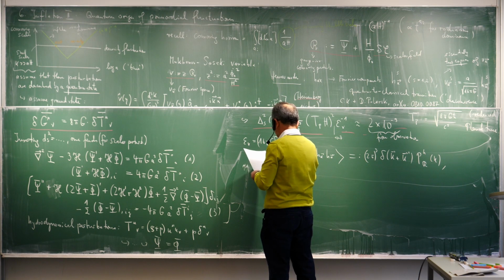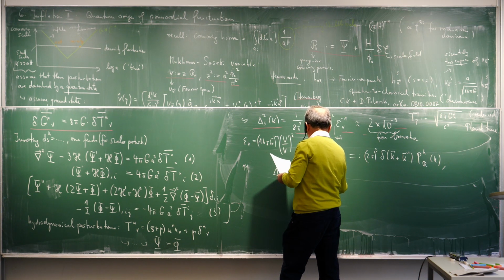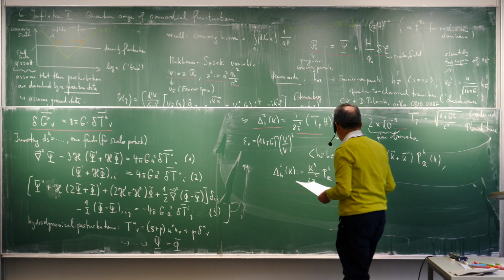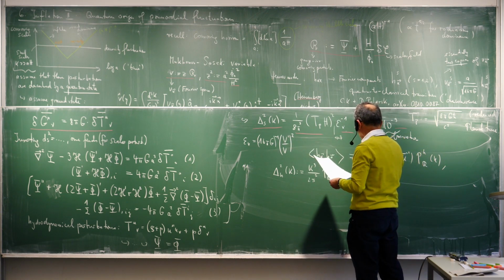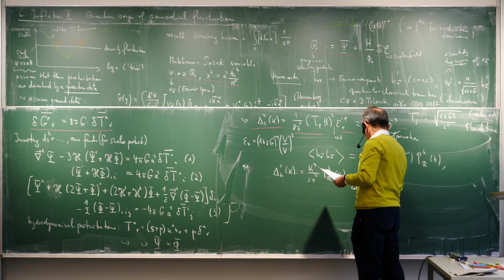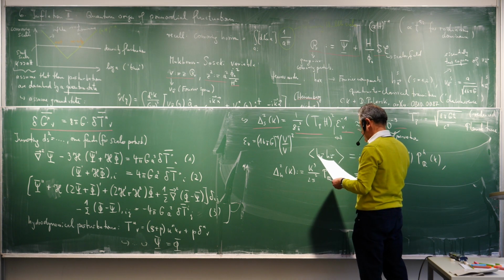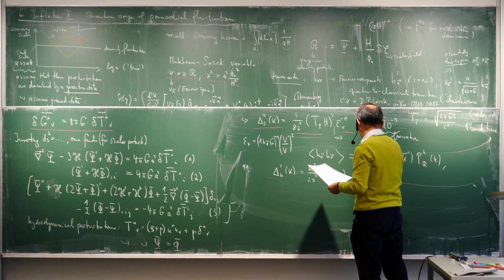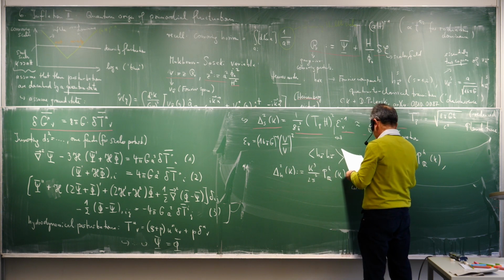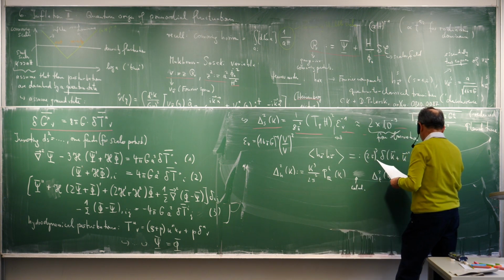Here is delta h squared of k, which is k cubed over 2 pi squared times p h of k. The explicit calculation of this expectation value gives... Usually we have the delta tensorial squared, which is defined as twice this here.